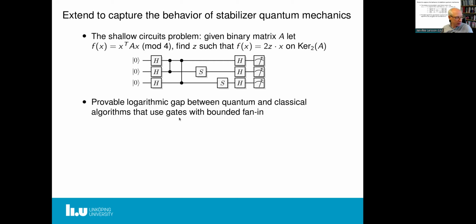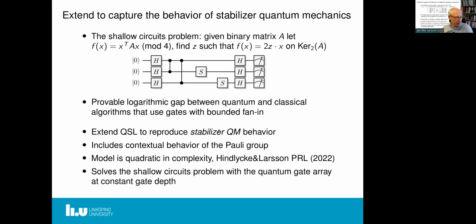In a particular case, when you use gates with bounded fan-in, then you can prove there is a difference between classical and quantum machinery. And then we extended our simulation framework to reproduce more of the quantum mechanical behavior.